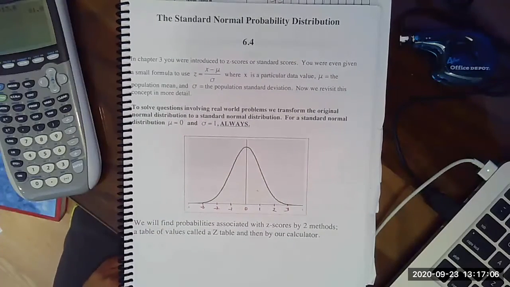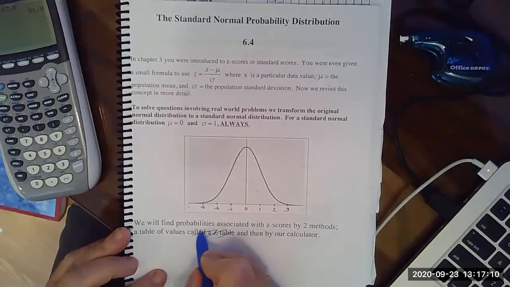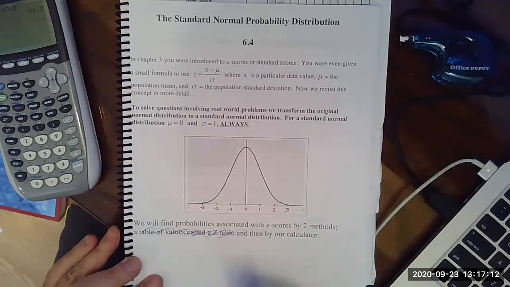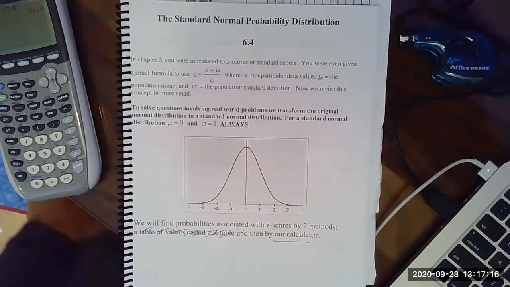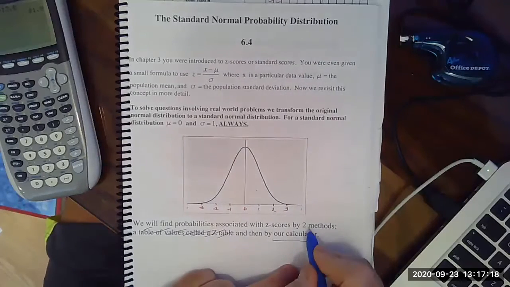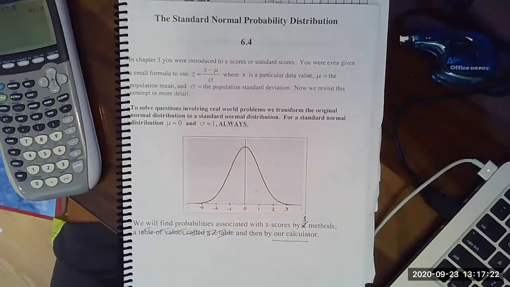And we will not do tables in this course. We will not do tables, but there are tables in your textbook. We're just going to use the calculator. So not by 2 methods, only by 1. And it's not hard. Using the calculator, it's not hard.